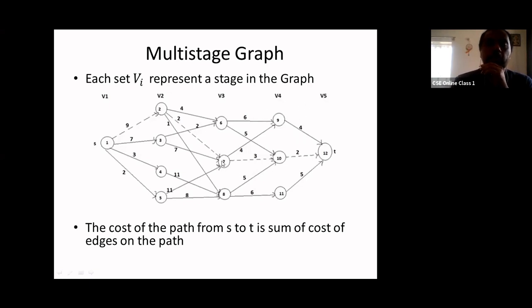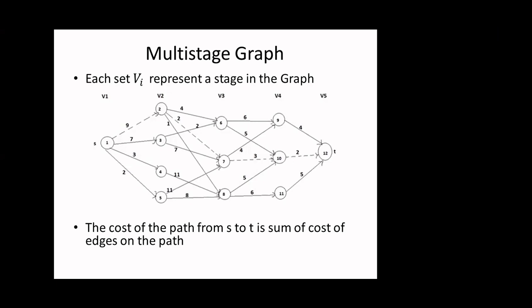Similarly, cost of 2, 3, what does it indicate? Cost of 2, 3 indicates it is second stage vertex 3. Fine.